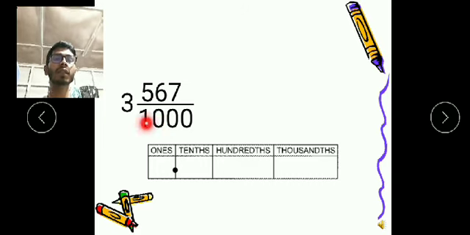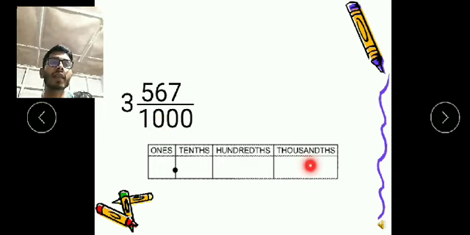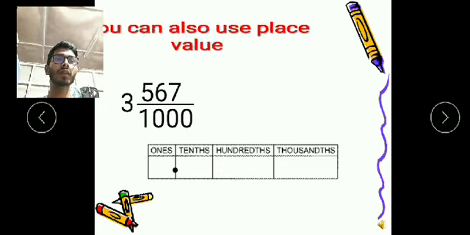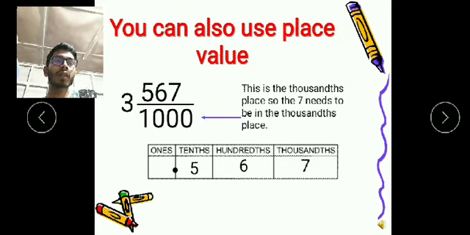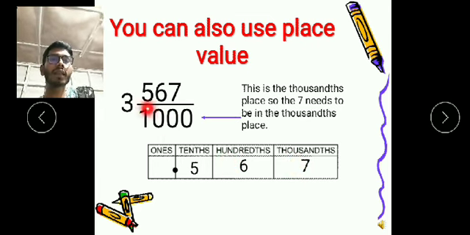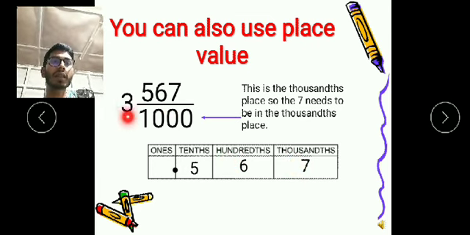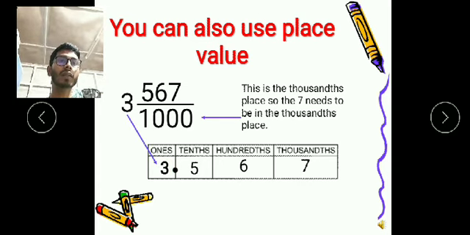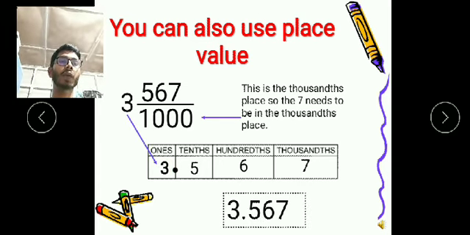So this is the thousandth place. We write from here 7, 6, 5, and this number 3 we write in the ones place. So the answer will be 3.567.